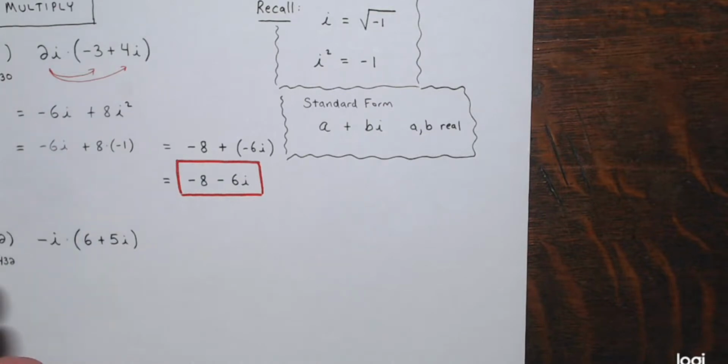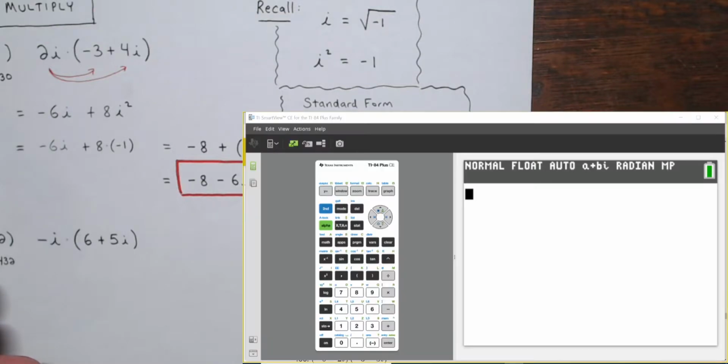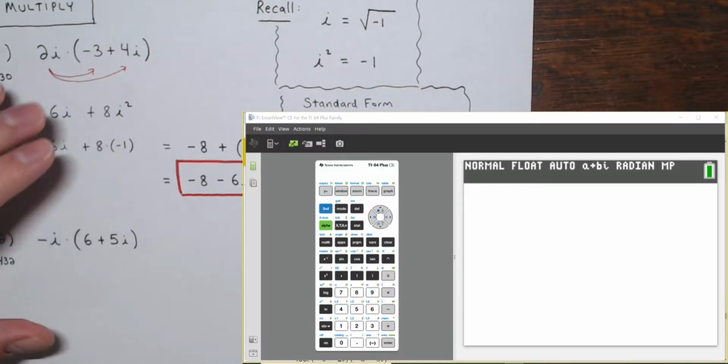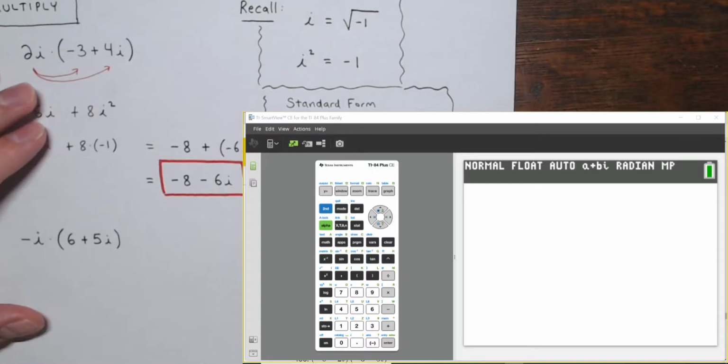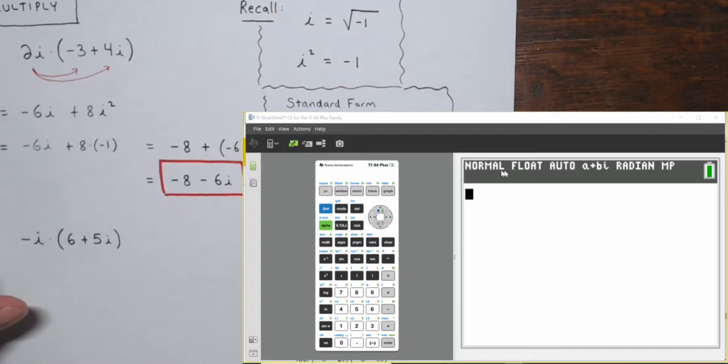But I have a TI-84 Plus emulator right here. Currently, if you look at the top, it says normal, float, auto, and next to that there's this a plus bi. That means I'm in complex mode.